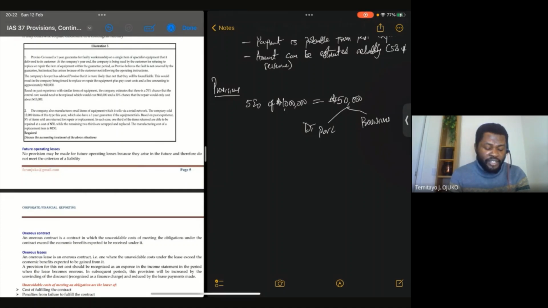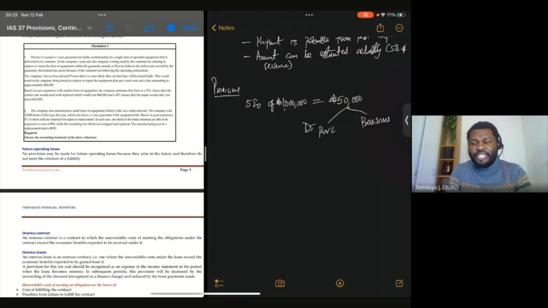At the company's year end, the company is being sued by the customer for refusing to replace or repair the item of equipment within the guarantee period.